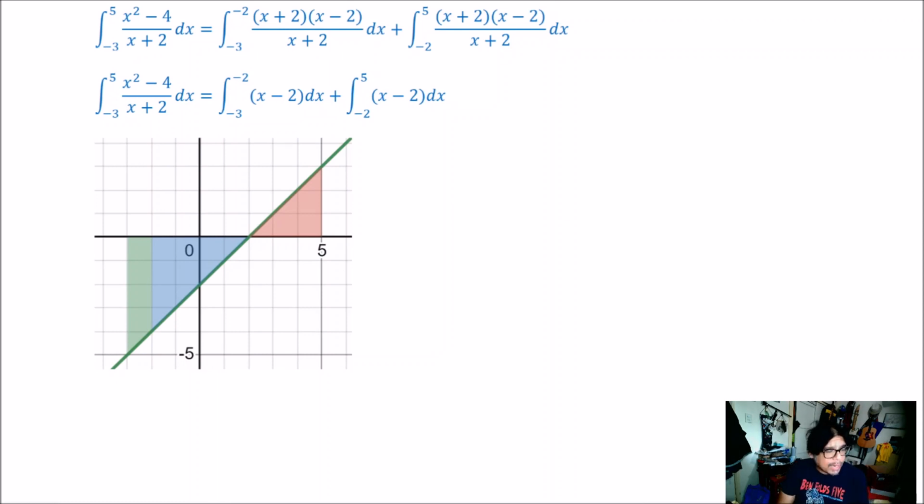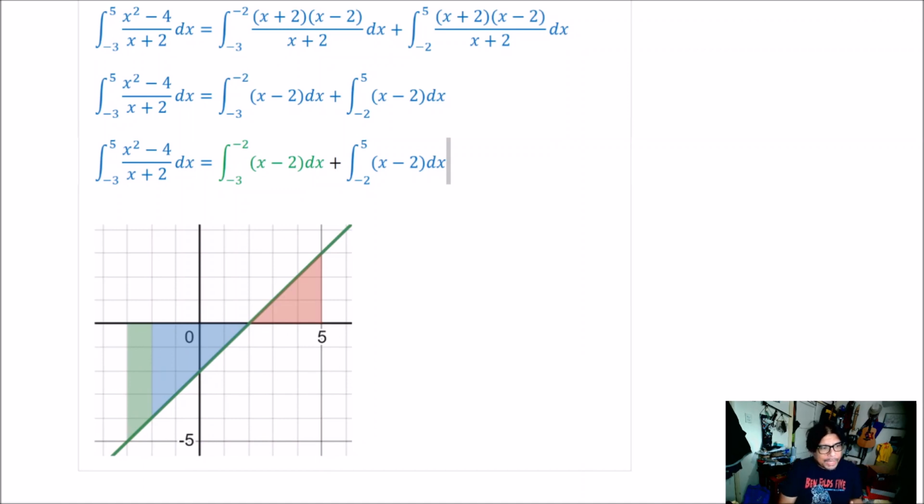This time, when I look at the integral and I evaluate this using area, I have to take a look at a couple of different things here. And the first thing is, of course, from -3 to -2 is this green area right here. And I'm separating that out because that is to the left of the discontinuity.